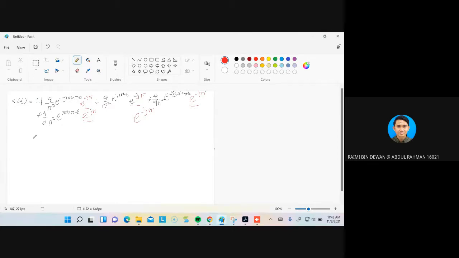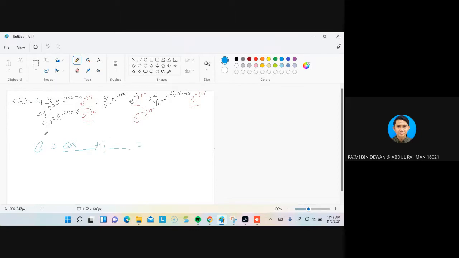What does Euler's theorem state? Can anyone check your slide? Check your previous slide, because the previous one is needed to settle this. So what is e to the j theta? It equals cos theta plus what?